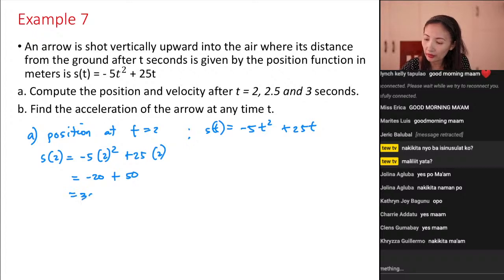And then if it asks for velocity, then s prime of t. S prime of t is equal to negative 10t plus 25.